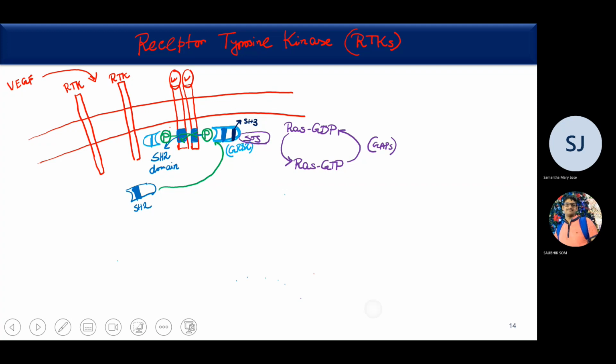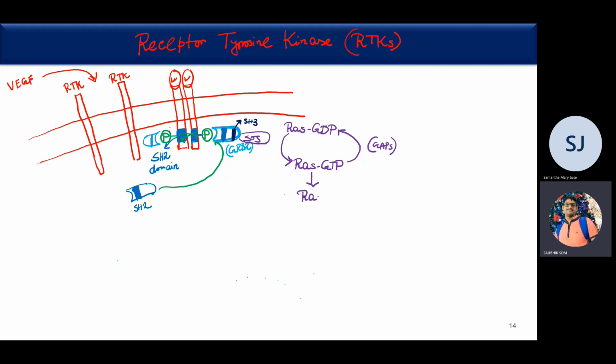So this RAS GTP activates the MAP kinase pathway, which is RAF, or known as MAP kinase, which will go and bind to activate MEK, which is basically MAP kinase.